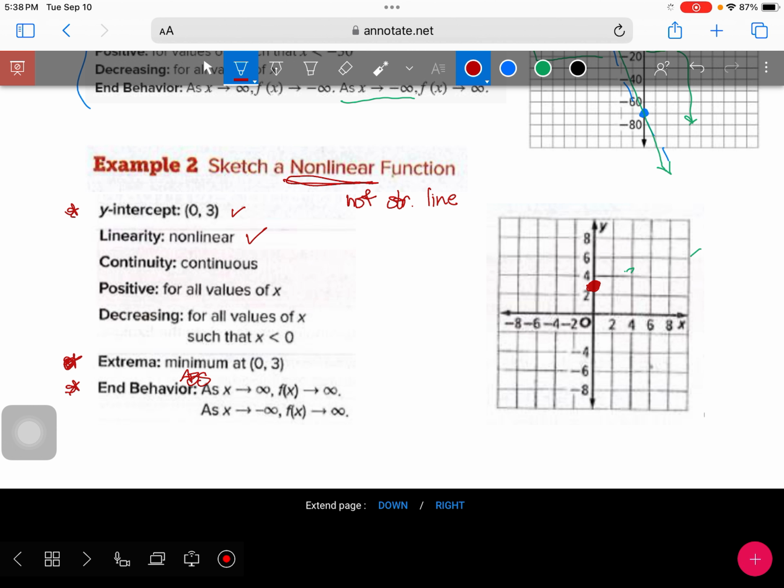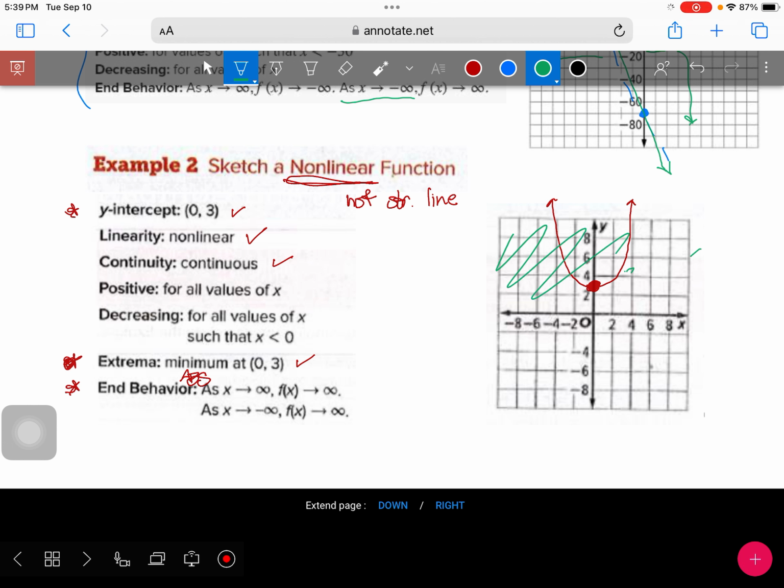If that's the lowest point, I'm guessing it's going to be going up. Now, we don't know how wide. It doesn't give me anything else. So I know it's that. If I draw it like that, it is continuous. There's no break in there. It's positive for all values of x.